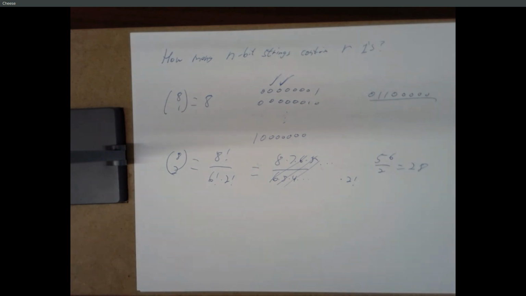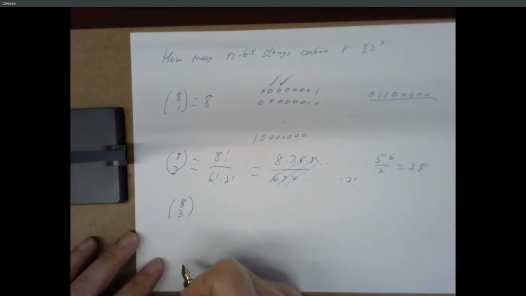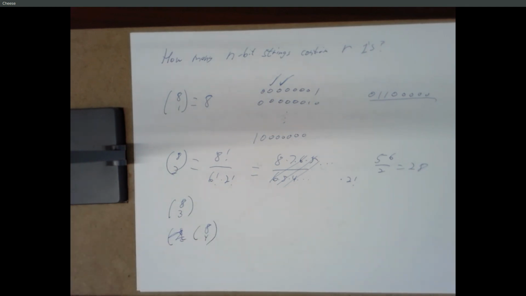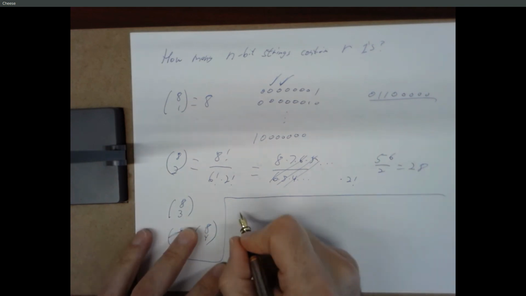The number of ways that I can find bit strings containing 3 ones would be 8 choose 3. The number containing 4 ones, and so on. So here's an interesting factoid we'll come back to.